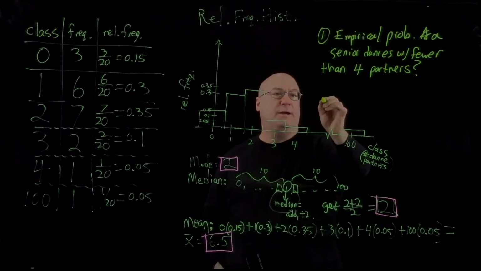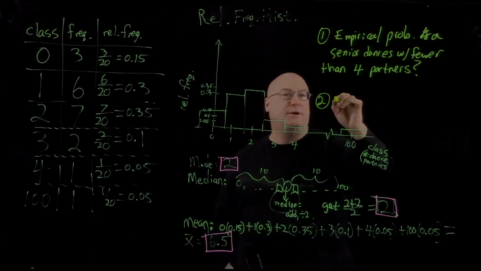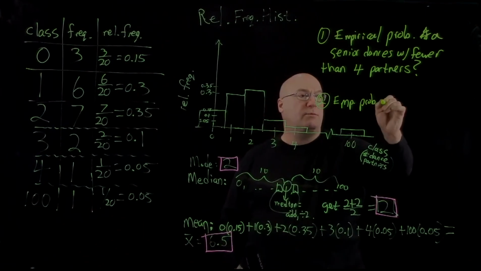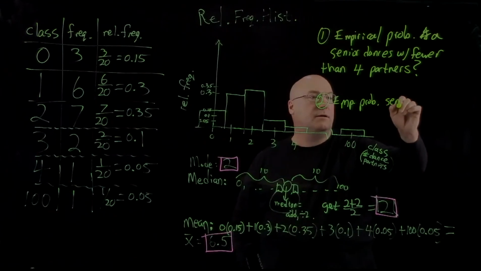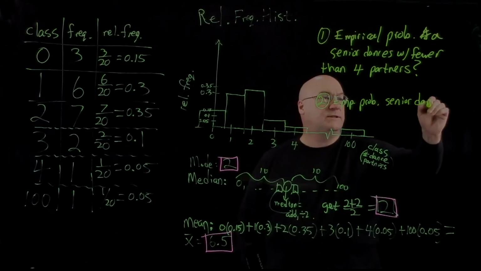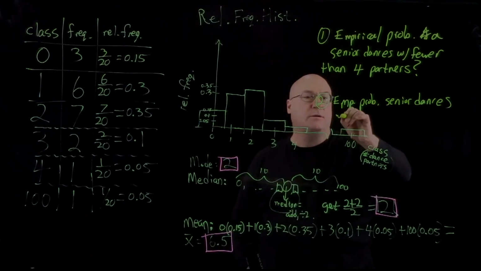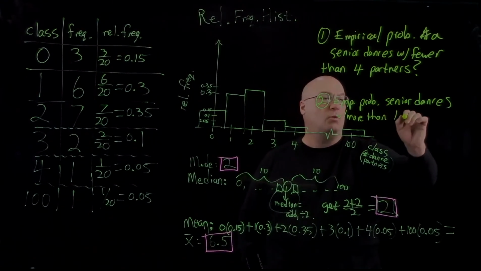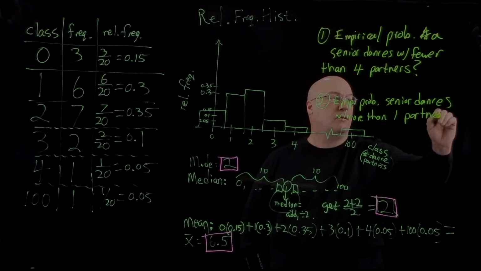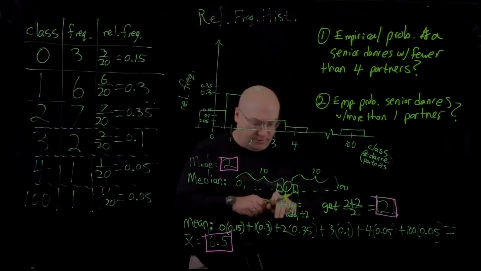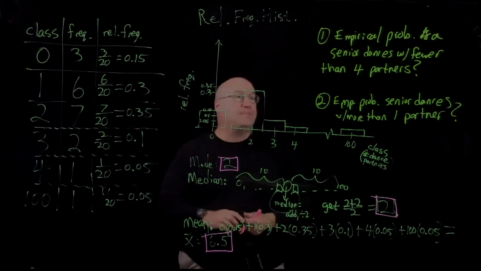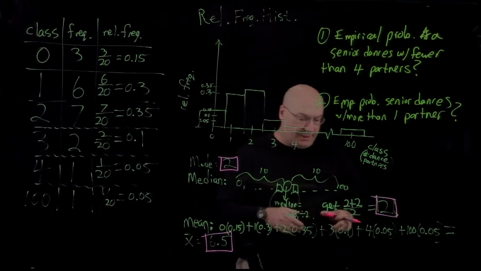Okay. And how about the empirical probability a senior dances with more than one partner? Okay. Why don't you pause and see if you can answer those. Okay, come back up here and I will do them.